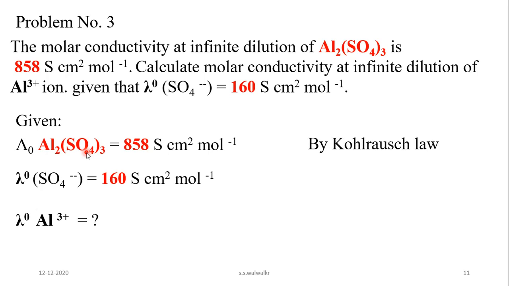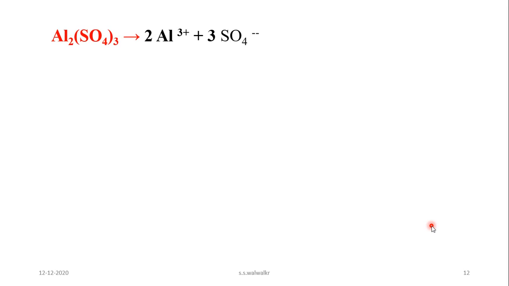So according to Kohlrausch law, lambda 0 is equal to lambda 0 of cation plus lambda 0 of anion. First you have to write the dissociation reaction.